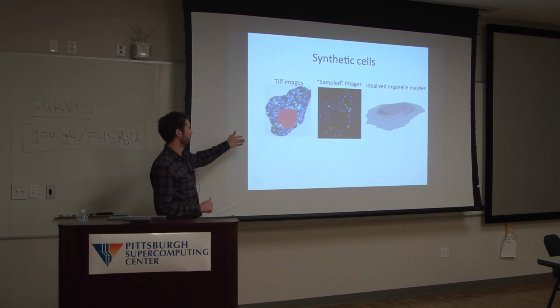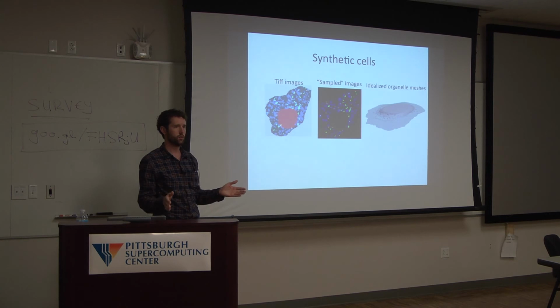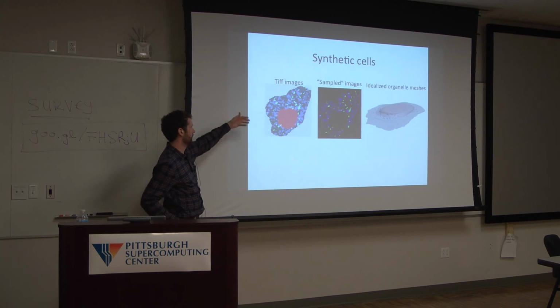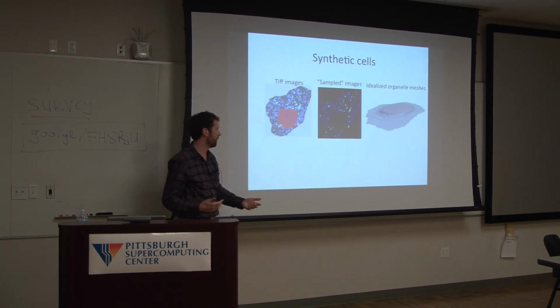We can output just simple TIFF images, or what we call sampled images. So TIFF image, it's just going to be a three-dimensional image where each slice is represented as a separate image. And in this case, organelles are represented in blue or green, depending on the type of organelle.